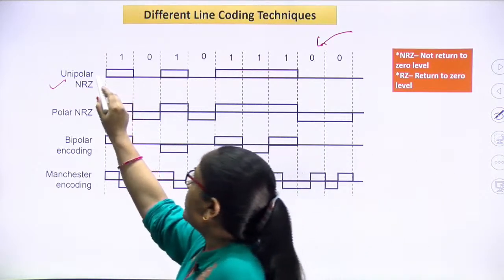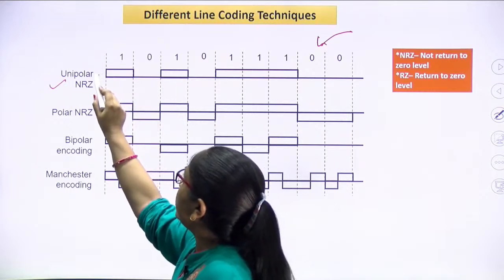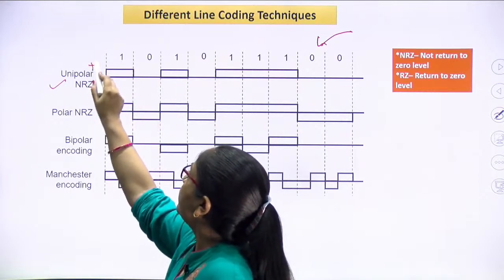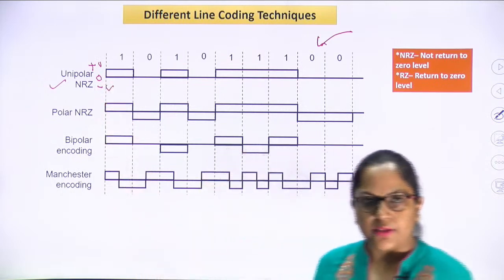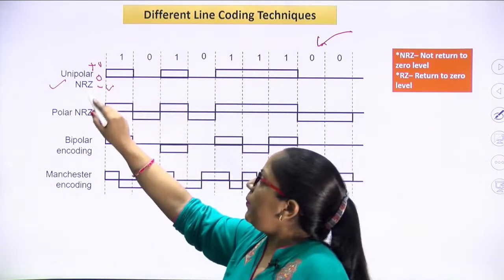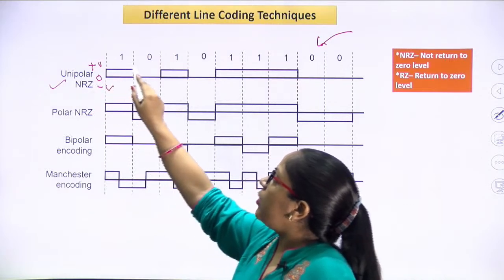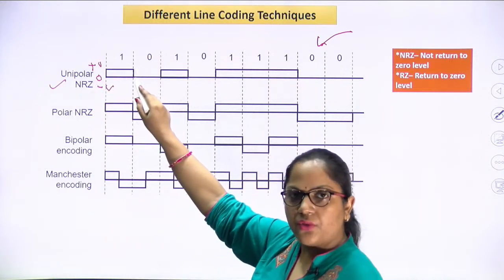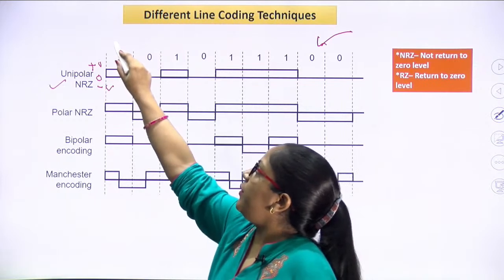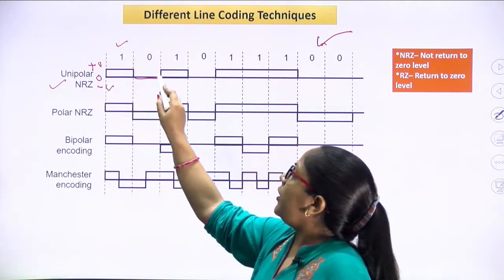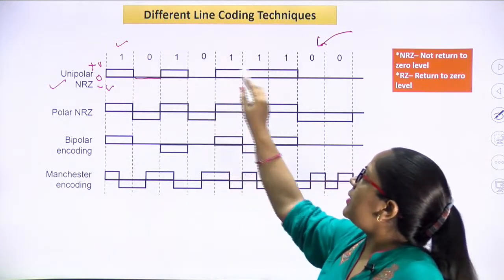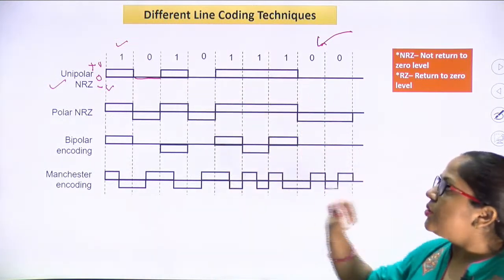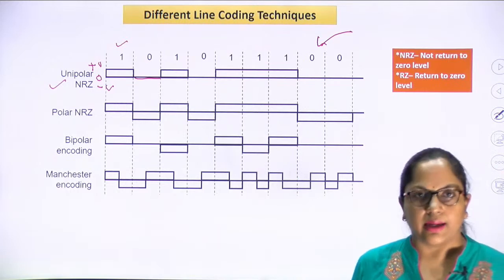Single polarity means if this is the time axis, let's say it is 0 volt, above it we will have positive polarity and below we will have negative polarity. So in unipolar NRZ, we will assign a positive polarity of fixed voltage level corresponding to binary 1 and no signal corresponding to binary 0. In this way, we can represent our data as a signal with the help of unipolar NRZ.